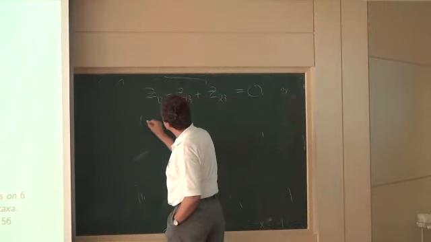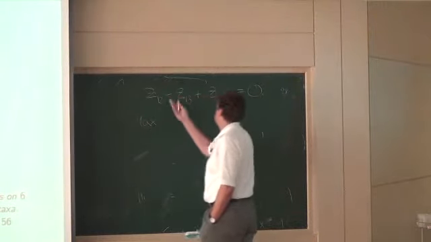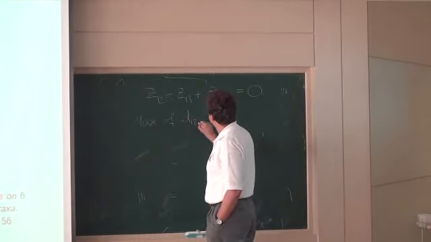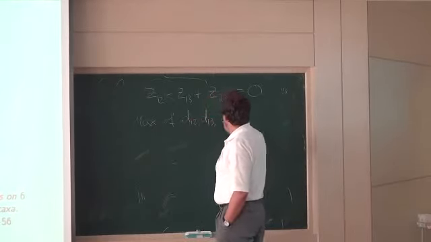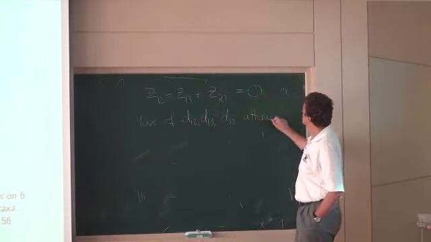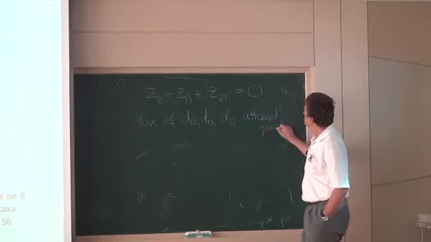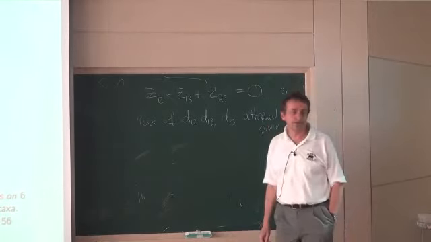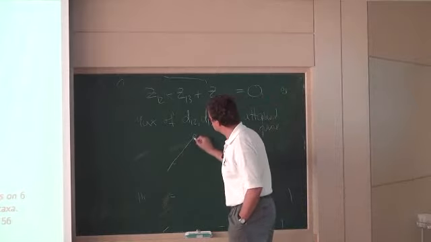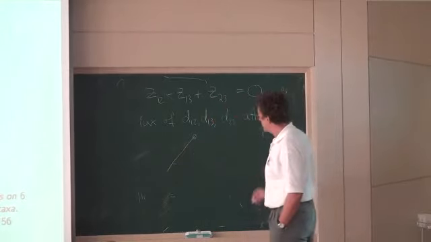So let me say the maximum of the valuations, the maximum of D12, D13, and D23 is attained twice. Right? That's how we solve this over a valued field. What's that? Well, that's the space of ultrametrics, or the space of rooted phylogenetic trees.